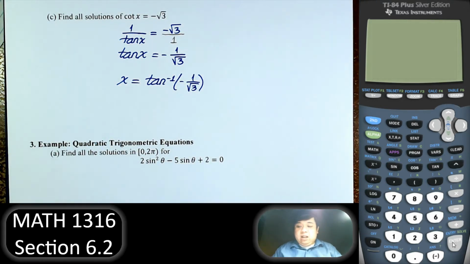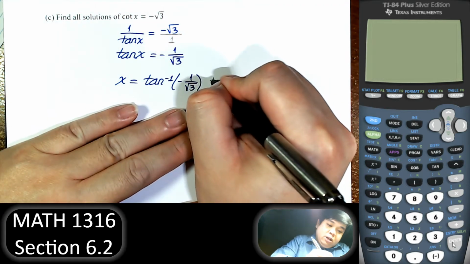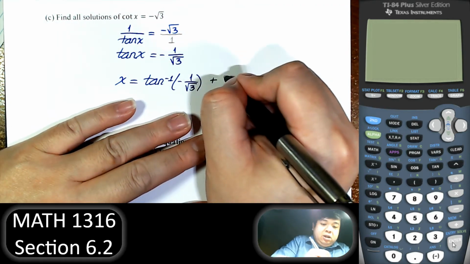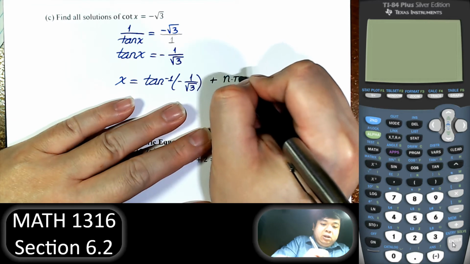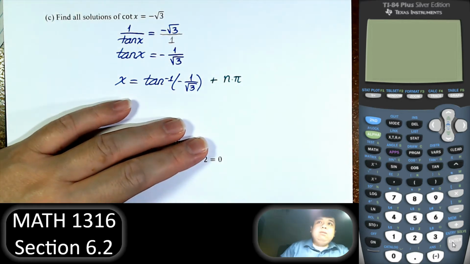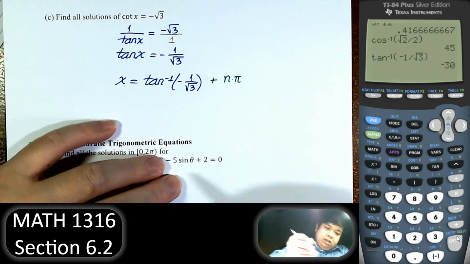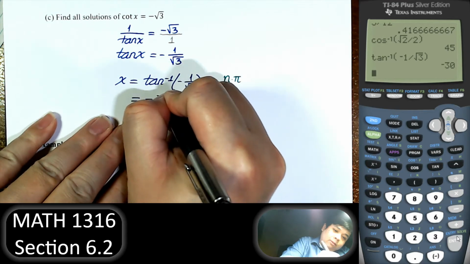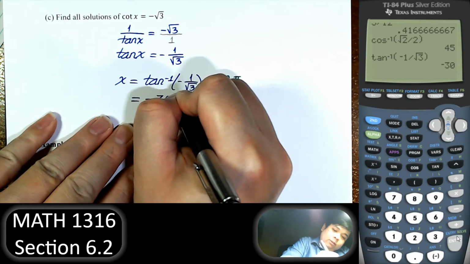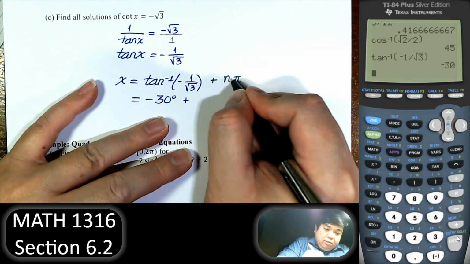Remember, in tangent, the period is not 2 pi, the period is just pi, so n times a period. Tangent inverse of negative 1 divided by square root of 3, we have negative 30 degrees, and then plus n times pi.